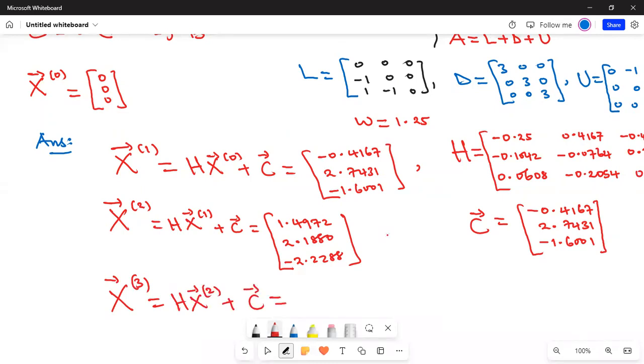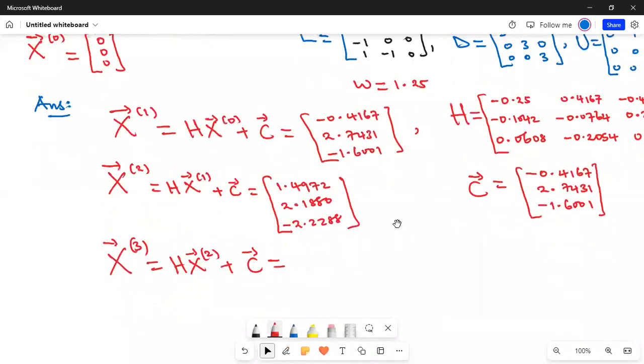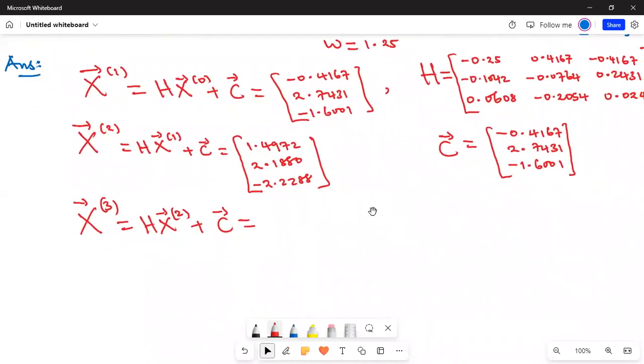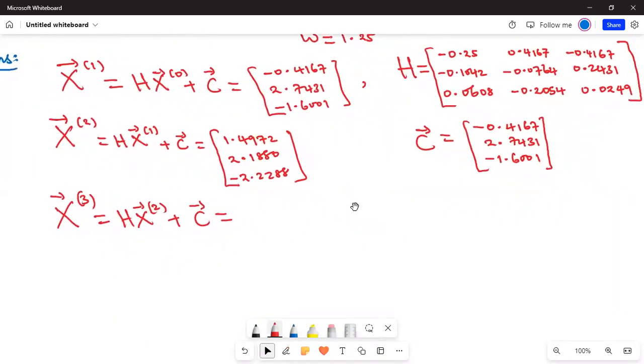And so that should give us these values: 0.0494, 1.8782, negative 2.0141.